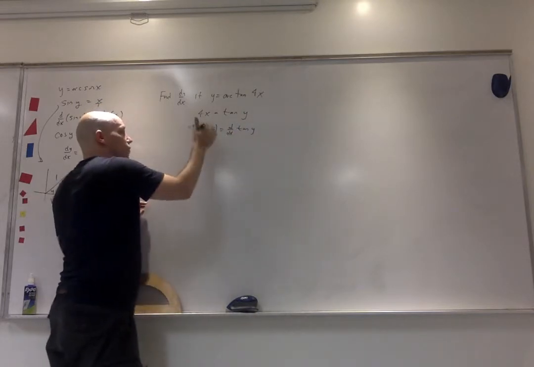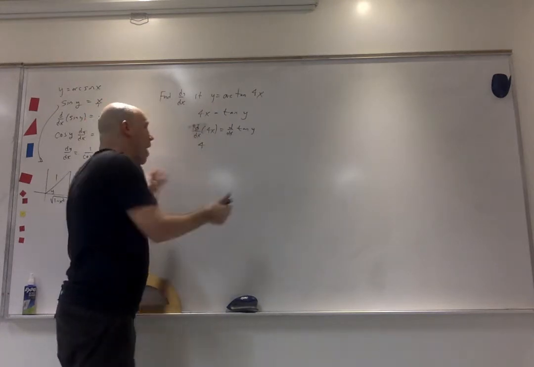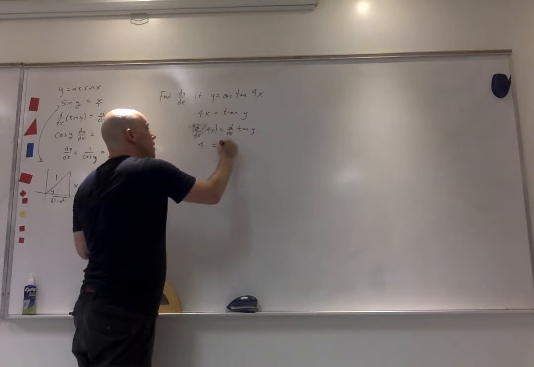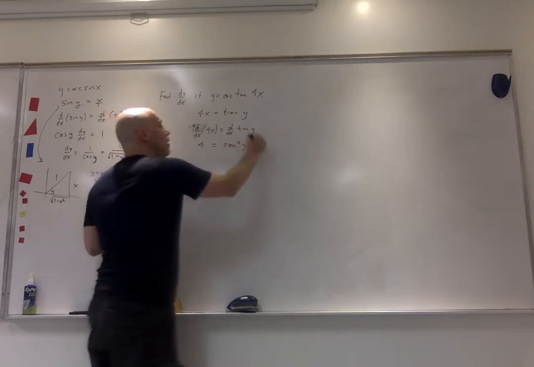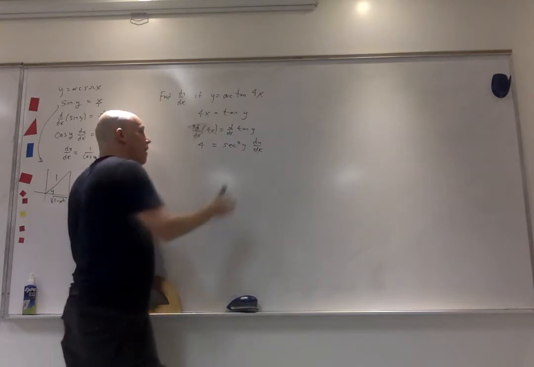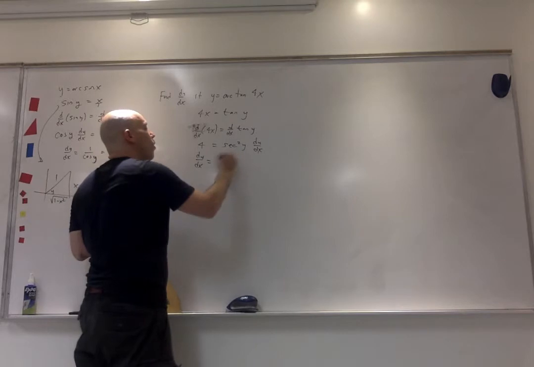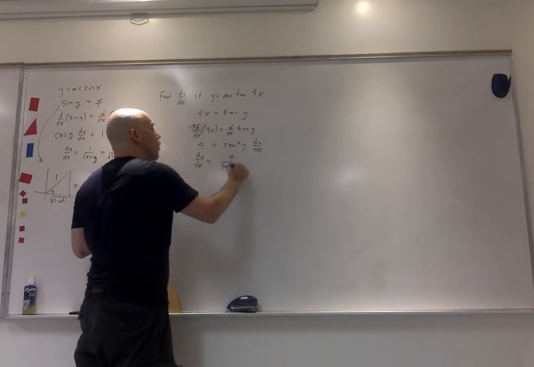The derivative of 4x is 4, and the derivative of tan y is secant squared of y dy dx. And then you have dy over dx equals 4 over secant squared of y.